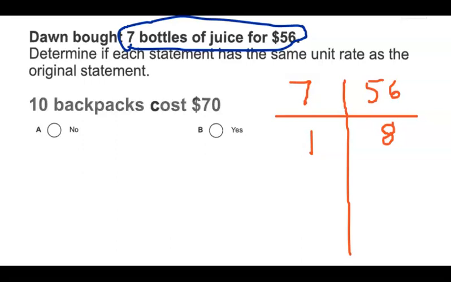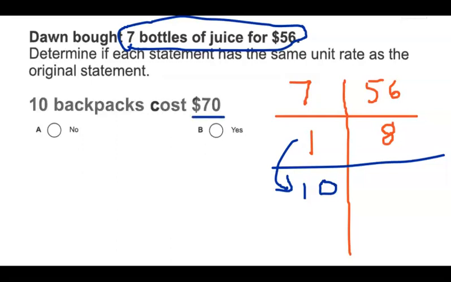Then I got it down to its unit rate. I divided 7 by 7. 7 divided by 7 is 1. 56 divided by 7 is 8. So I should be able to match that up with 10 and 70. So if I put 10 backpacks, 1 times 10 is 10, 8 times 10 is 80.